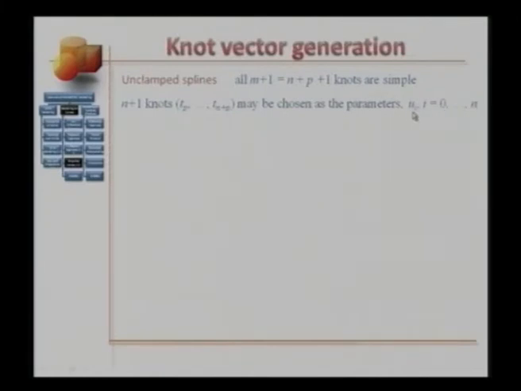These U of I can either be uniform or they can be computed using chord length or centripetal parameterization. Well, how about the remaining first p knots? We can choose these knots T0, T1 up till Tp minus 1 freely.